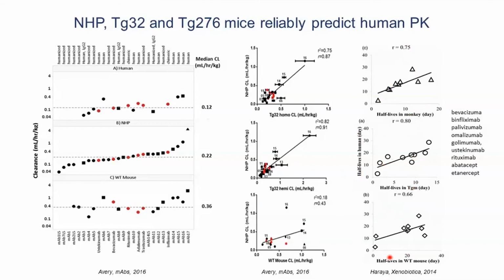And when the half-life of humans was compared to those yielded from wild-type mice, you can see that it yielded a rather poor correlation. So this data demonstrates that the TG276 also is a good predictor of human PK.